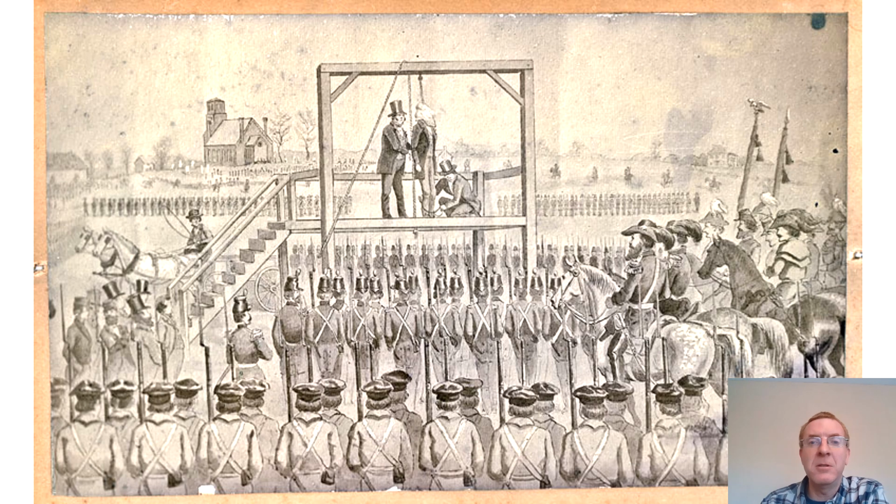And so you have the execution itself. There are no photographs from the incident itself, just illustrations of people who were there. Now, you see the scaffold there, which Brown has already got the white flour sack over his head, noose around his neck, tying his legs together there as well.